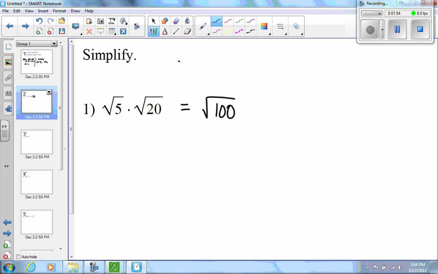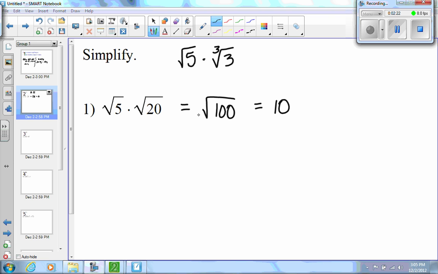So if I had the square root of 5 times the cube root of 3, I can't do that; we can talk later about ways to simplify these. So here, we get the square root of 100. Now the square root of 100 we know is equal to 10, so we can get an answer of 10 for this problem.